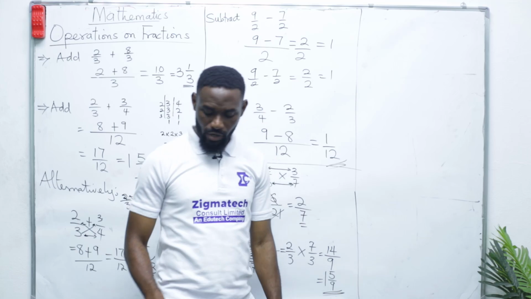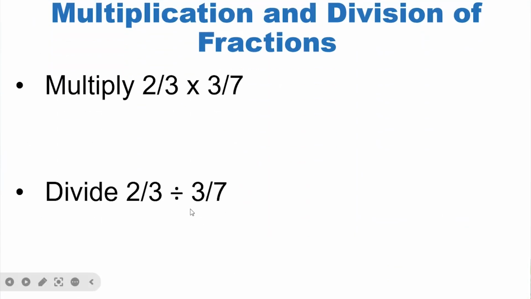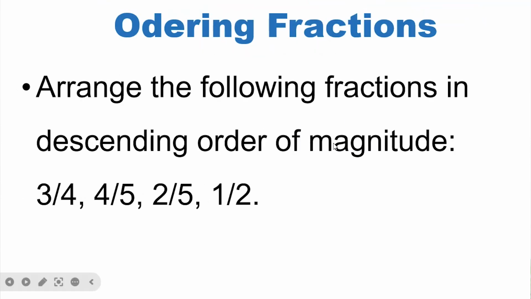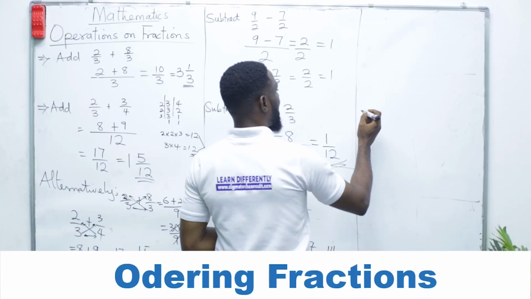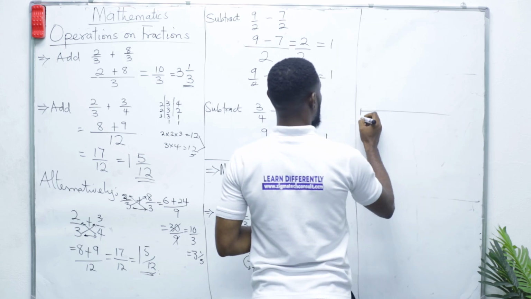Is that clear? Okay, so we'll move on to other operations that have to do with fractions. Let's look at ordering of fractions. It will be so confusing for you to know which fraction is bigger than which. Like when we did fractions on a number line, we have 0.